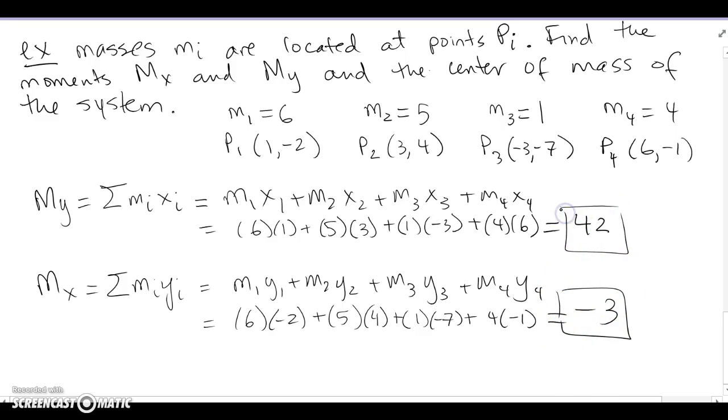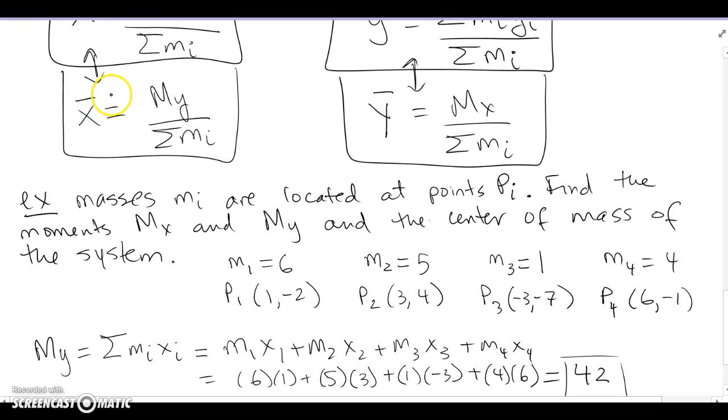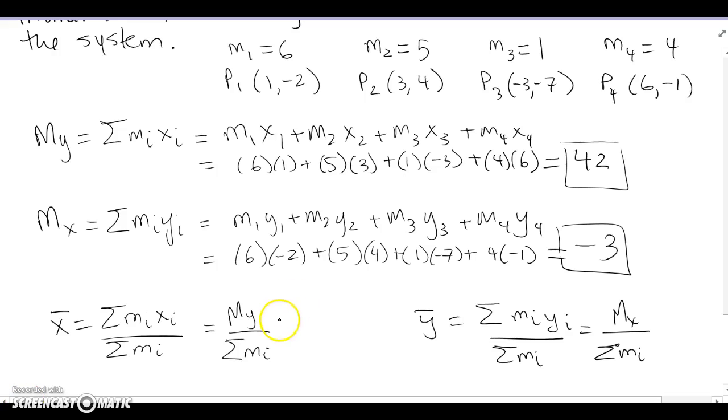-3. We also have to go find the center of mass of the system. So we have to find x bar and y bar. So we have the moment about the y-axis over the total mass of the system, which I have to find. And then I have -3 over the total mass of the system, which looks like it's going to be 11, 12, 16 when I add them up.